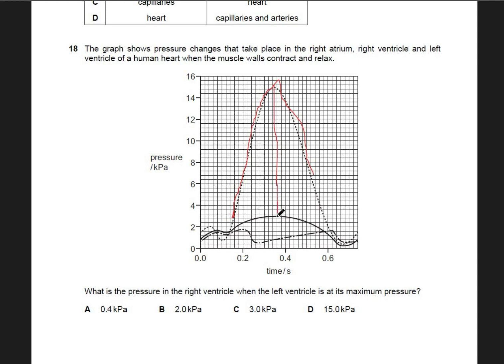This solid line is depicting the right ventricle. So let's see what the pressure is over here. This is going to be 3 kilopascals. So option C is the correct one.